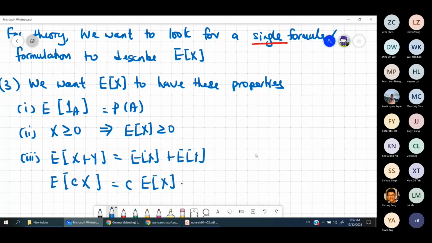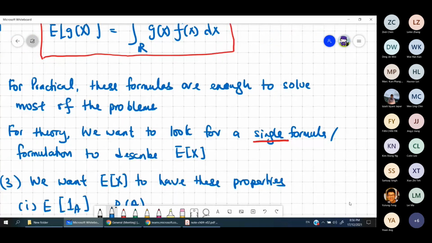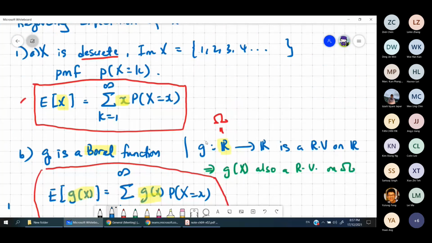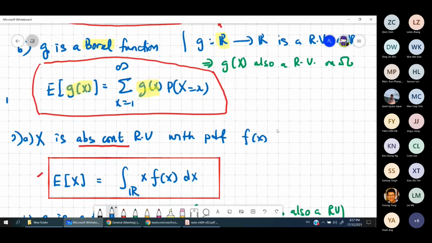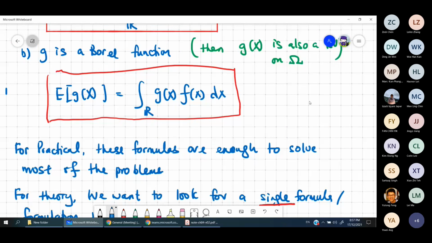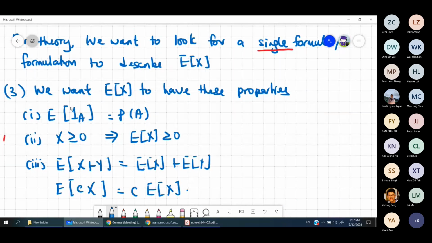If you use either the formula for a discrete random variable, or the formula for a continuous random variable, you can easily verify that your expectation value will fulfill all these properties.